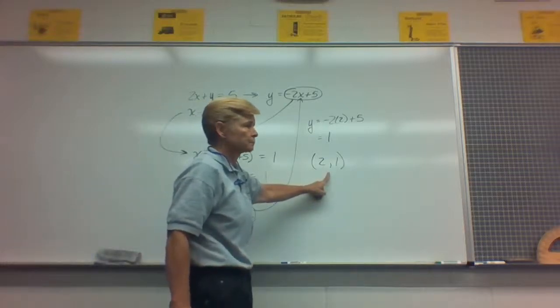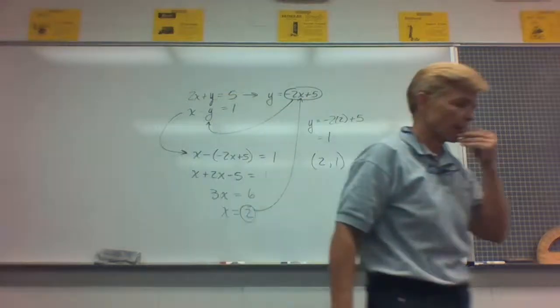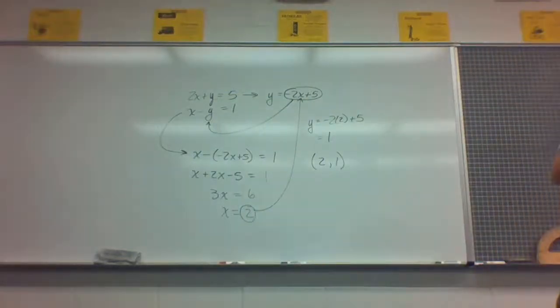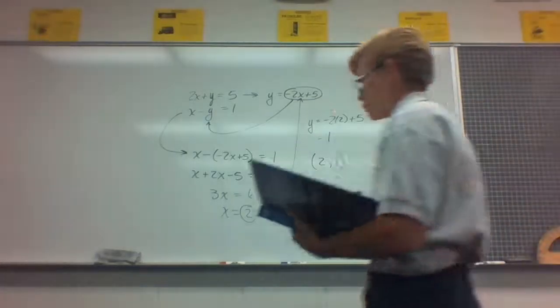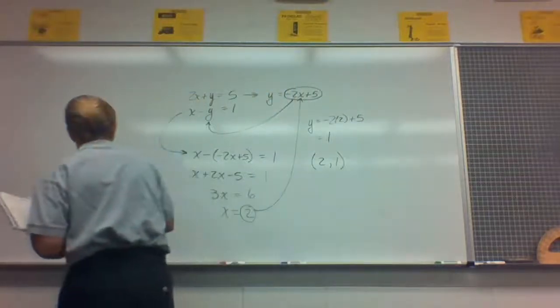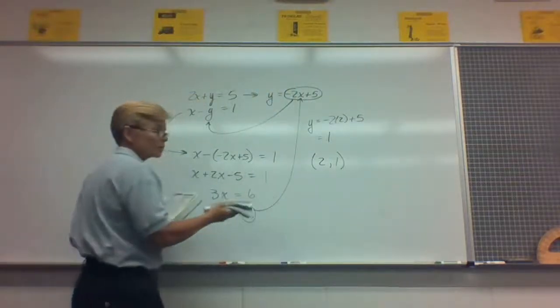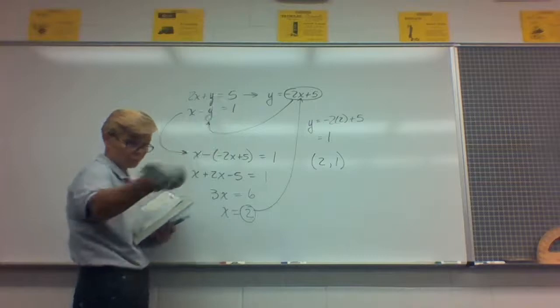Okay? Now I'll show you another method for solving. In order to get 2 birds killed with 1 stone here, I'm going to go to exploration 1, part B. And I have to keep erasing because I have to stay where this thing can see it.